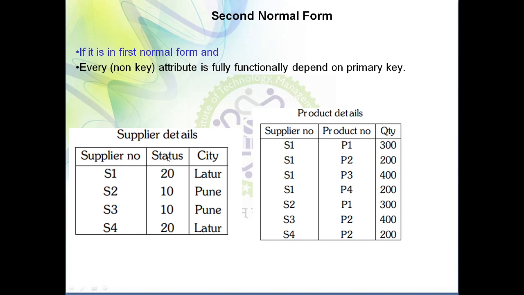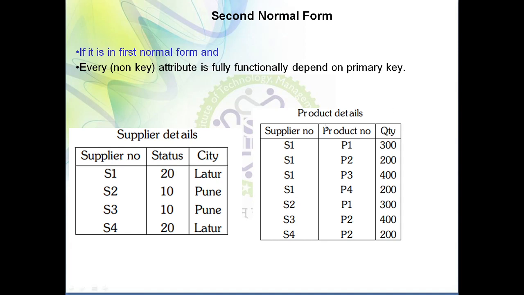The non-key attribute status is able to find the value of another non-key attribute CT. That's why this supplier details table is not in the third normal form. So in order to bring this table into the third normal form, again you need to apply the concept of decomposition.